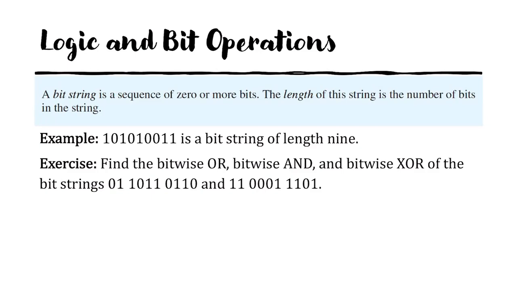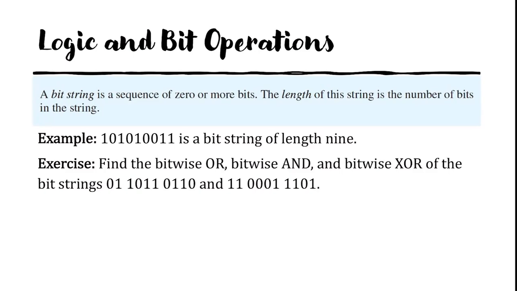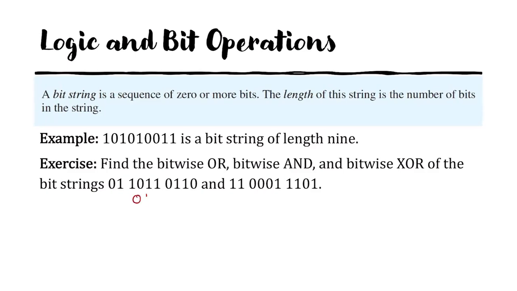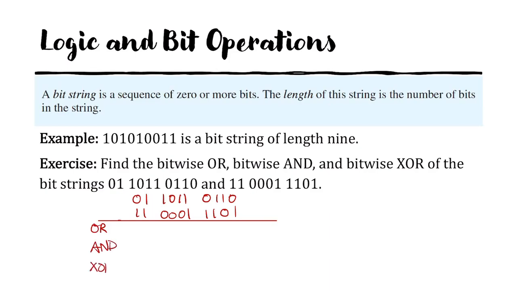So we have 0 1 1 0 1 1 0 1 1 0 and 1 1 0 0 0 1 1 1 0 1. So we want to find the bitwise OR, bitwise AND, and then bitwise XOR.